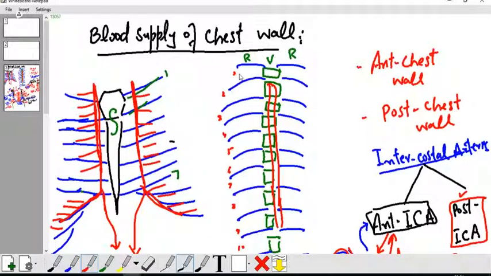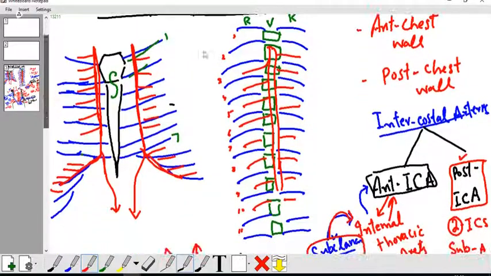The first two spaces are not supplied by the aorta. The aorta gives branches to this one, this one, this one, this one, on both sides. These are the 9 pairs of posterior intercostal arteries. The first two spaces are not supplied by these.